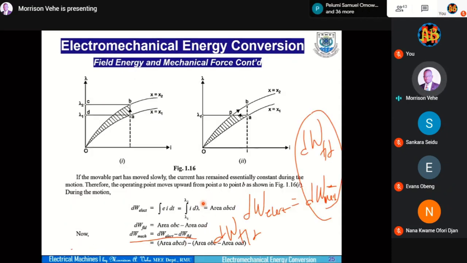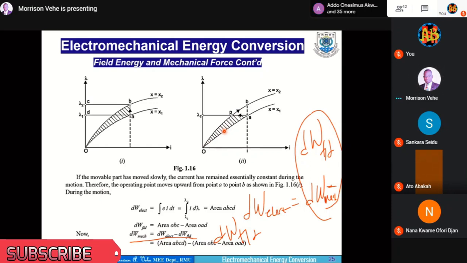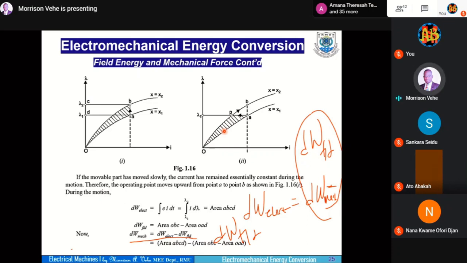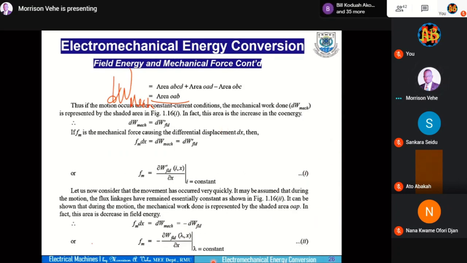But as we can see from this, OAB or OAP and then B, what is of interest to us is OAP, this shaded region, which is actually the mechanical work in terms of the field, so that we can have this if we are going to look for the mechanical force.